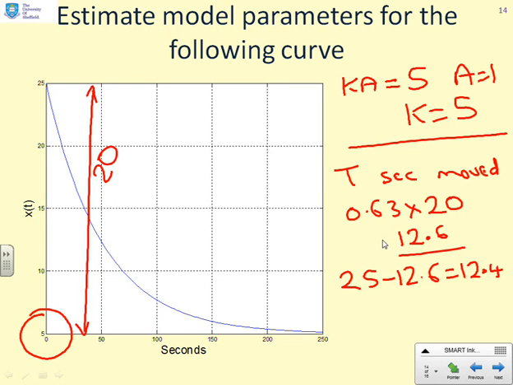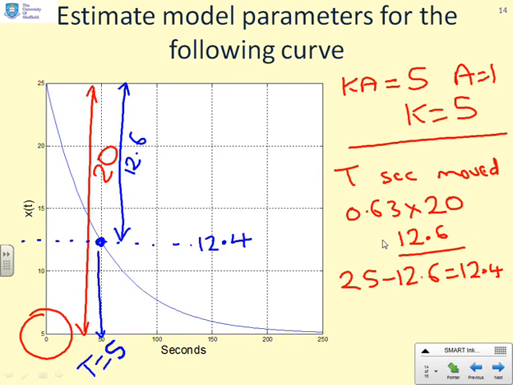So I've now got to find the value 12.4, so I'm going to do that across here. So there's the value 12.4, and you can see it intercepts here, and what we're saying is at this distance the movement, which is 63% of the movement, is 12.6. So I've moved 12.6 from the initial condition, and that's 63% of the way to the final condition, which is 5. And hopefully it's clear that in this particular case T equals 50.